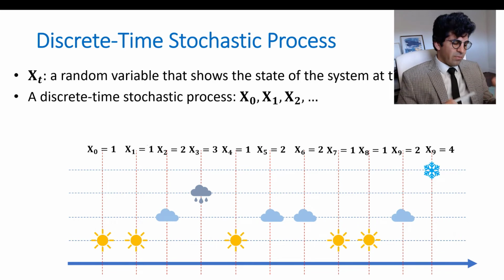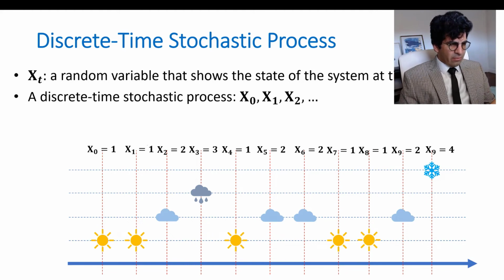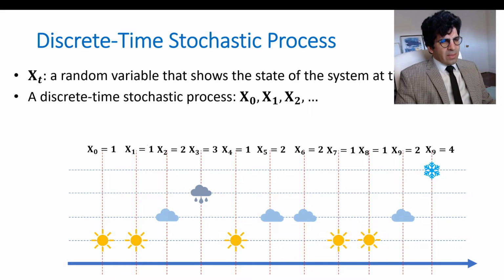X sub 0 is the first day you meet them. And it's totally random to you. It could be anything, right? X sub 2 and so forth. Or for the weather, it's what kind of weather you're gonna have on that day. So here, for example, x sub 4 means on day 4 or day 5, the weather is in a state 1, and a state 1 is defined as sunny. I think you got that.